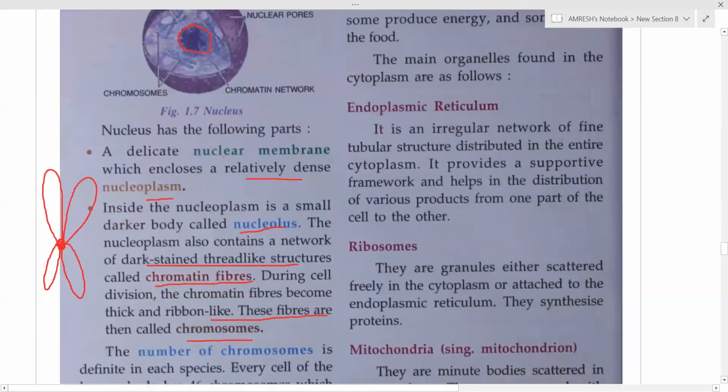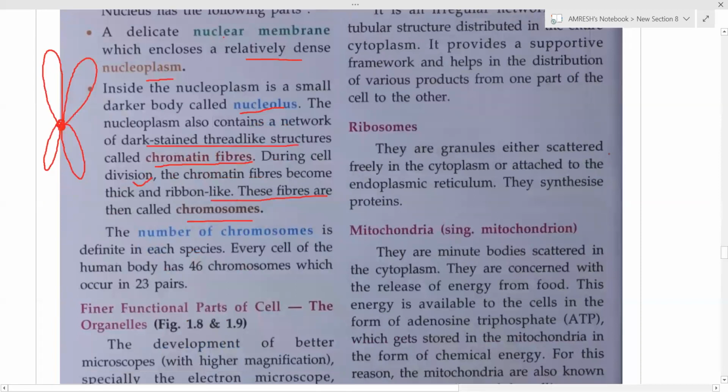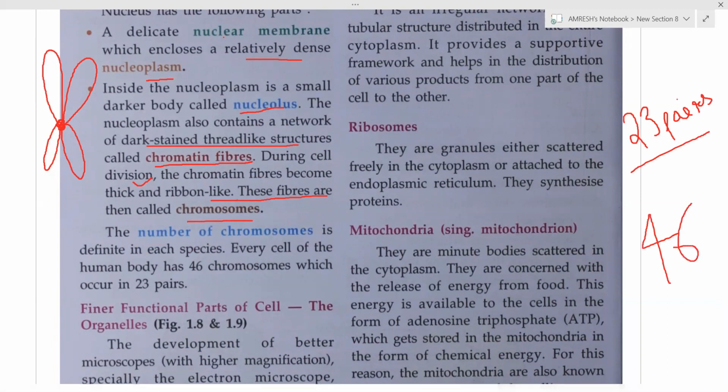These chromosomes are visible during cell division. In human beings, we have 23 pairs of chromosomes. Every organism has a specific number of pairs of chromosomes. In humans, that is 23 pairs, which means we have 46 chromosomes.